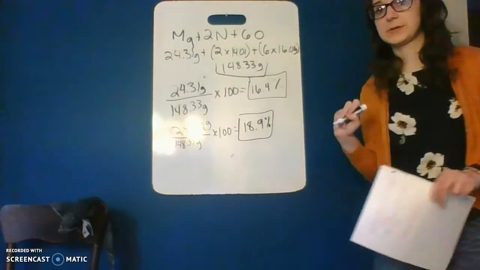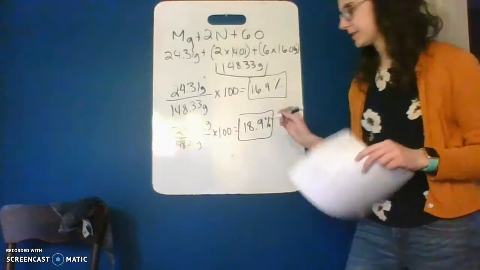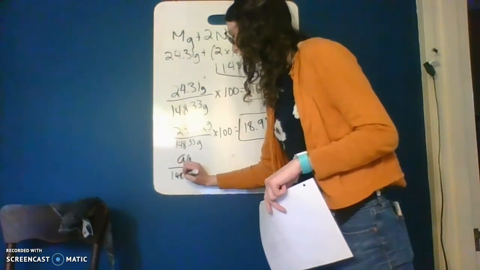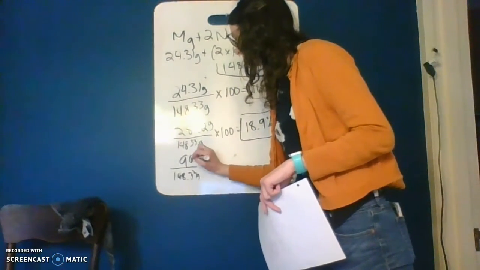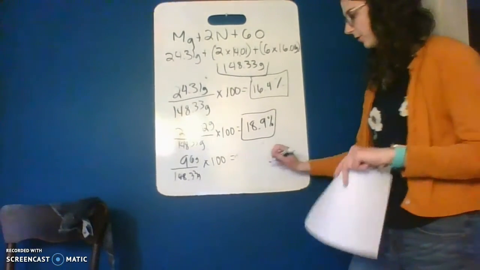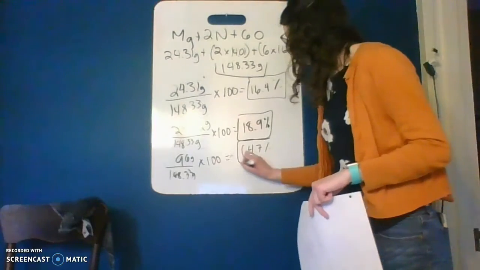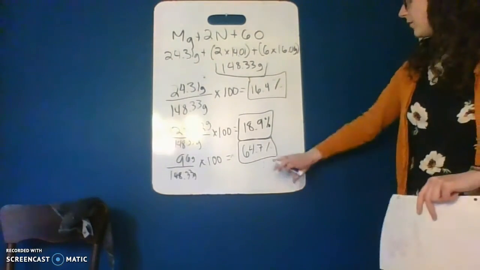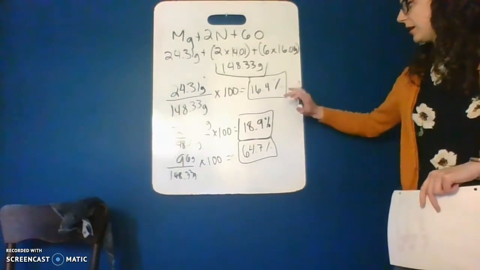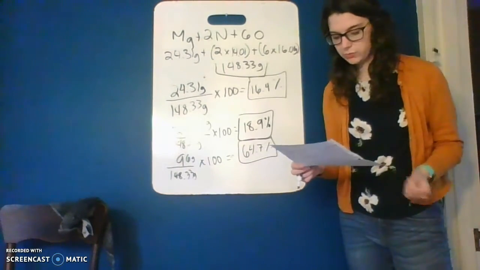Finally, I need to find the percent of oxygen. I'm going to take its entire molar mass of 6 oxygen, which is 96, divided by 148.33 grams times 100, and that gives me 64.7%. So this is 64.7% oxygen, 18.9% nitrogen, and 16.4% magnesium. That was all number 1.